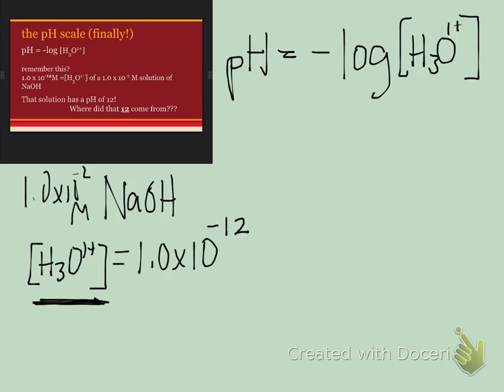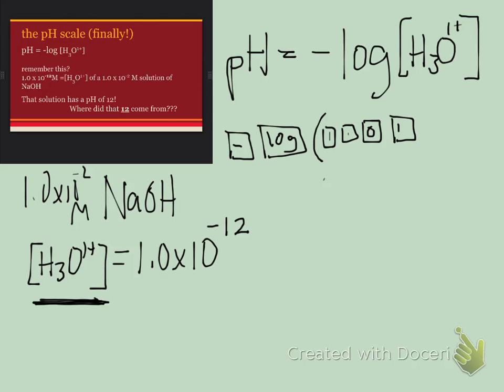So on the calculator, you will press the negative sign, then you will press the button marked log. It's going to generate a parentheses for you, and then you just enter your value. So we would enter 1.0.